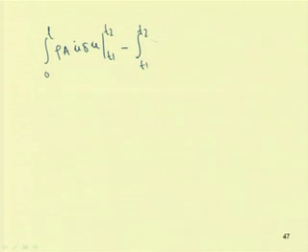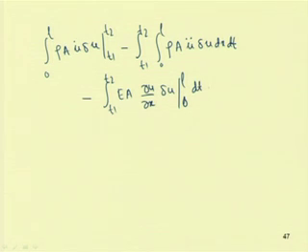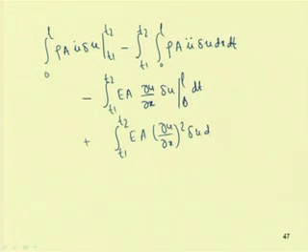Now by using this del operator and integration by parts, it will reduce to the integral 0 to L of rho A u dot del u between T1 and T2, minus the integral T1 to T2, 0 to L of rho A u double dot del u dx dt, minus the integral T1 to T2 of E A del u by del x del u between 0 and L dt, plus the integral T1 to T2 of E A del square u by del x square del u dx dt.